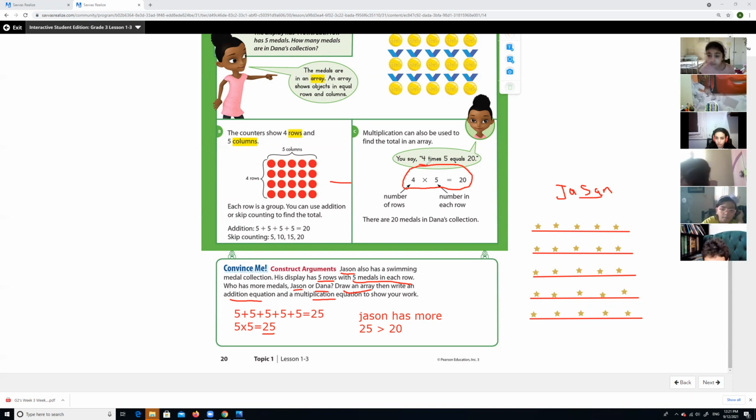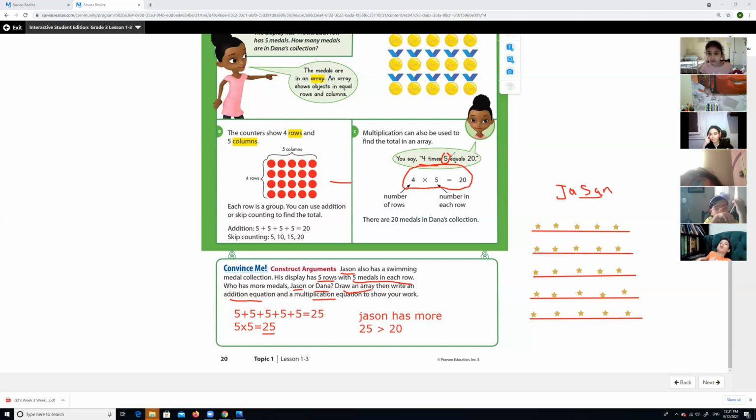Look here, 4 times 5. It means this 5 is repeated how many times? 4 times. Also, it says that I can skip count by 5 how many times? 4 times. Okay, you understand what is the meaning of times? It is repeated 4 times. I like to read it as 4 times 5, not 4 multiplied 5.